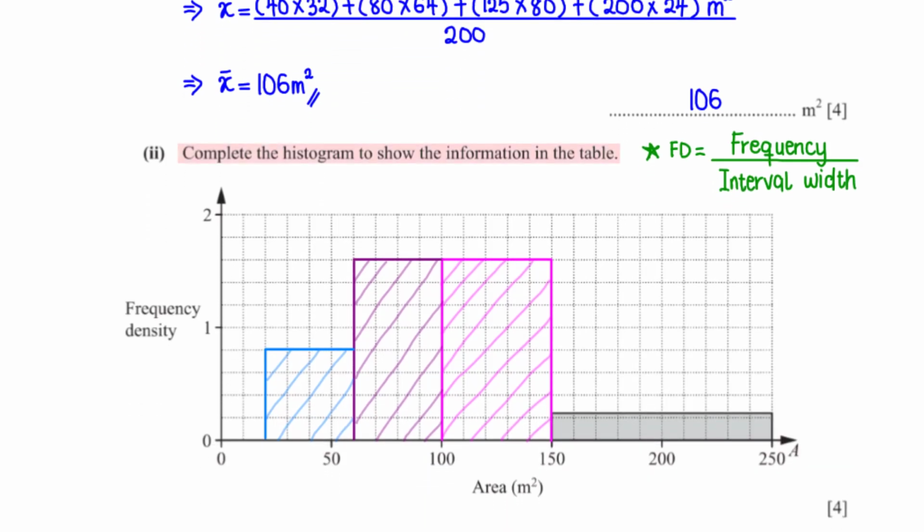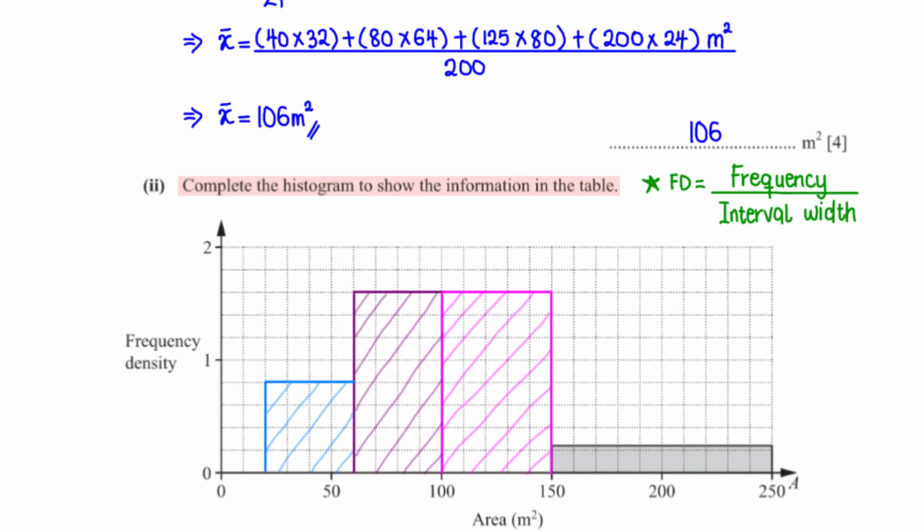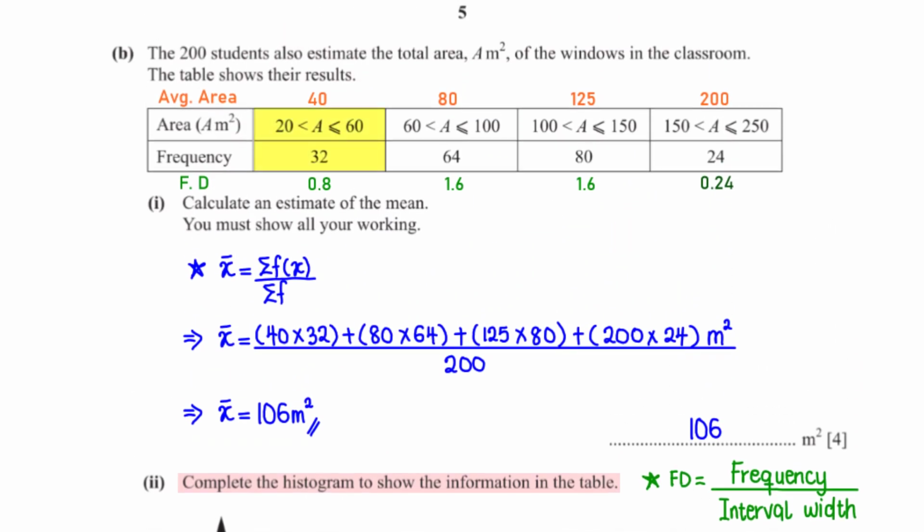Complete the histogram to show the information in the table. To be able to draw the histogram, we need to calculate the frequency density for each of the given intervals. The frequency density is equal to the frequency divided by the interval width. For the first interval, the frequency density is the frequency, which is 32, divided by the interval width, which is 60 minus 20.